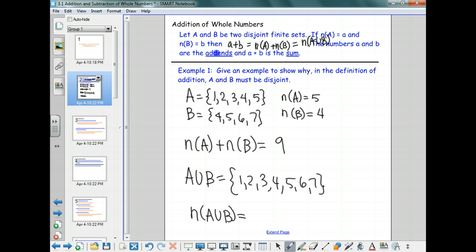All right, so the numbers 1 through 7. Now, what is the number of items in the union? 7. And the issue is that these aren't equal, and according to the definition, they should be.